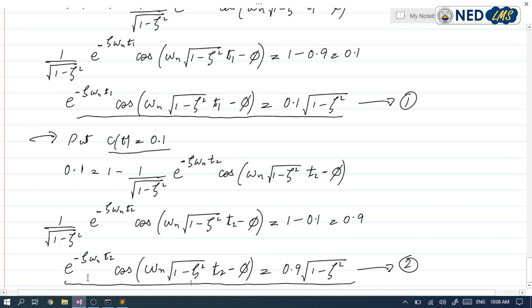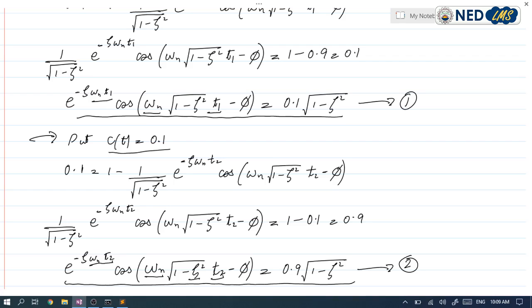If we want to solve these equations, we have to reduce the number of variables as well, because here we have three variables, omega n, zeta and t2. Here we see omega n t2, and here also we have omega n t2, and here we have omega n t1, and here also we have omega n t1 together. So we first designate omega n t as the normalized time variable.